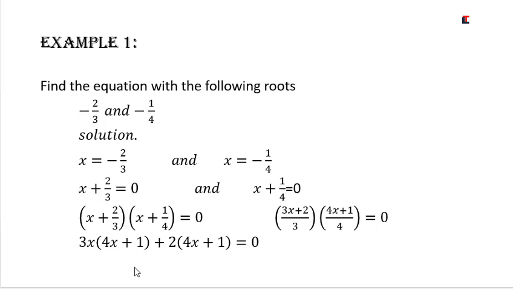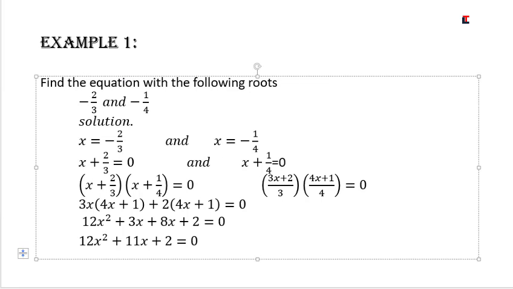That's why I did not see anything below. I've already cross multiplied to make it 12 multiplied by 0 to give me 0. So I will have 3x open bracket 4x plus 1 plus 2 open bracket 4x plus 1.